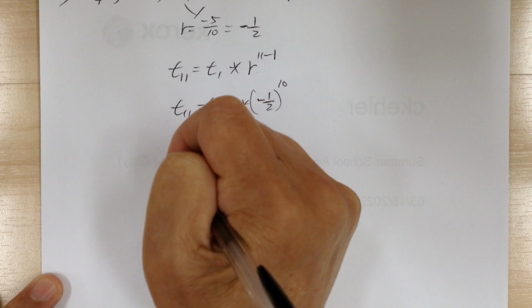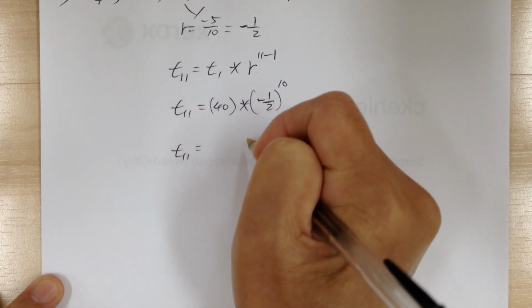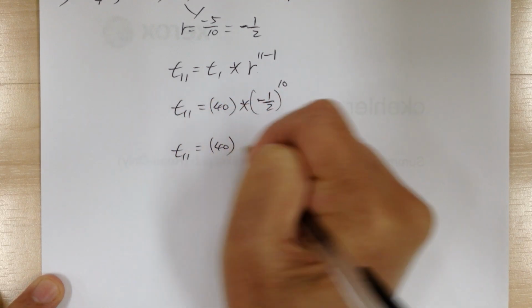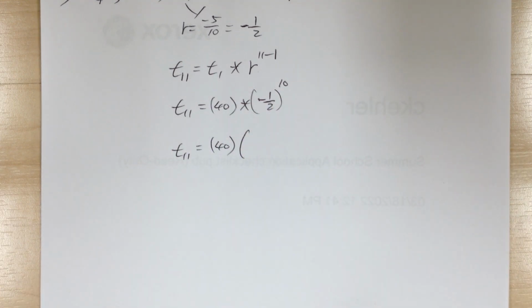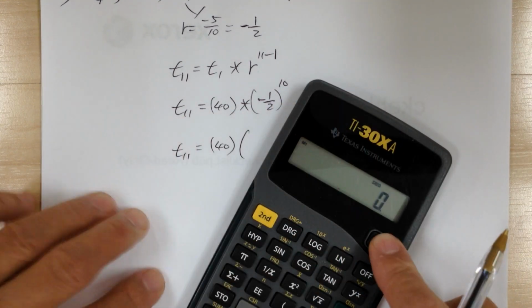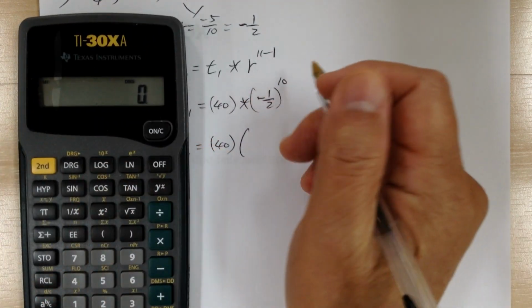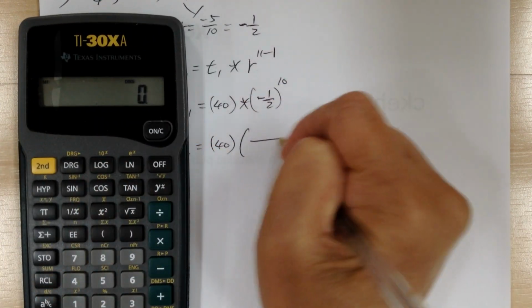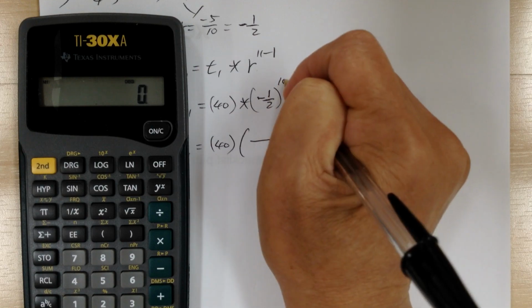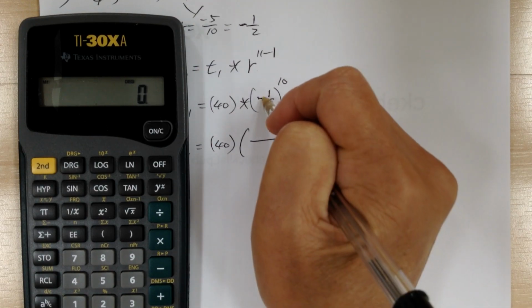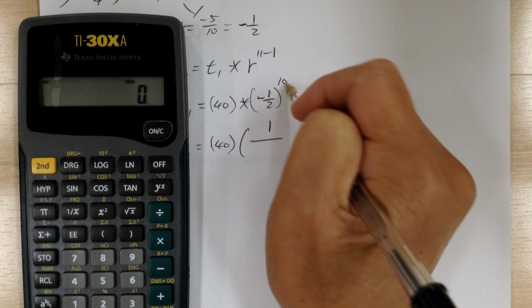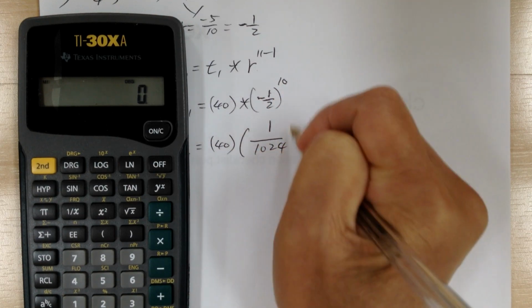To the 10th power, so T11 equal to 40 times, okay, now again, when you have a fraction, you don't want to enter that into the calculator, because you're going to end up with decimals and get stuck. Just do the top and bottom separately. Negative 1 to the 10th power is 1. On the bottom, 2 to the 10th power will give you 1024.